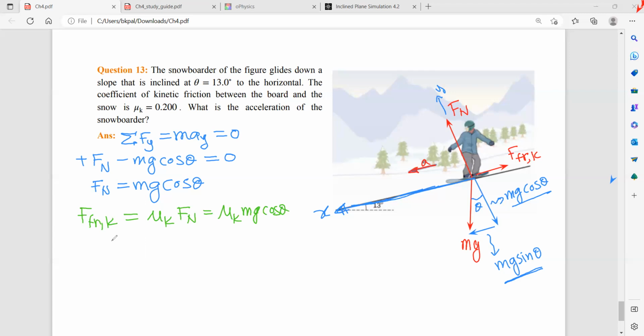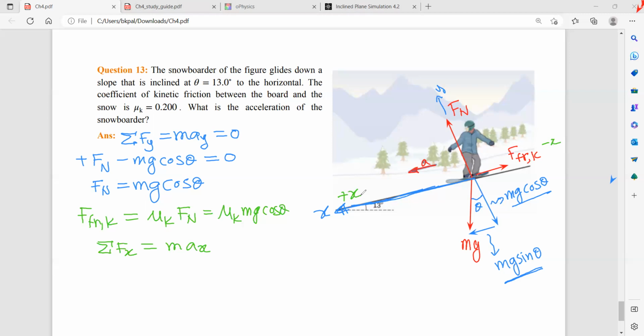Now we can use the x-axis equation, Fx equals max. Here you see that this is our positive x and the opposite of this is negative x.